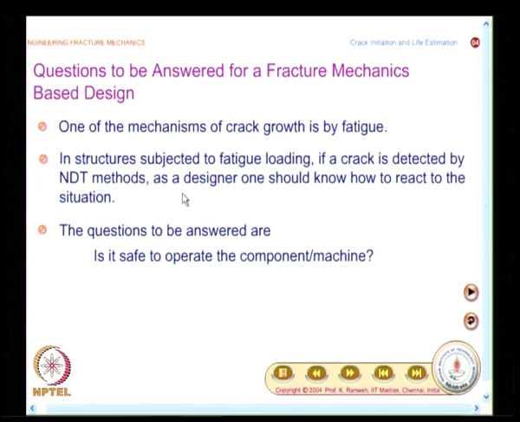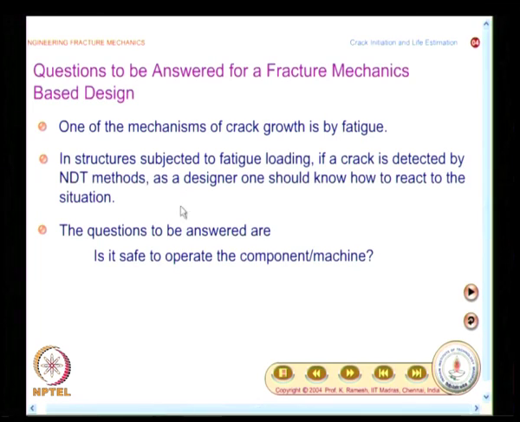Is it that you get alarmed, a crack is seen, so discard the specimen, discard the structure, or you do corrective measures, and this has to be based on scientific advice. You can't have a random judgment. The questions to be answered are, is it safe to operate the component or machine?